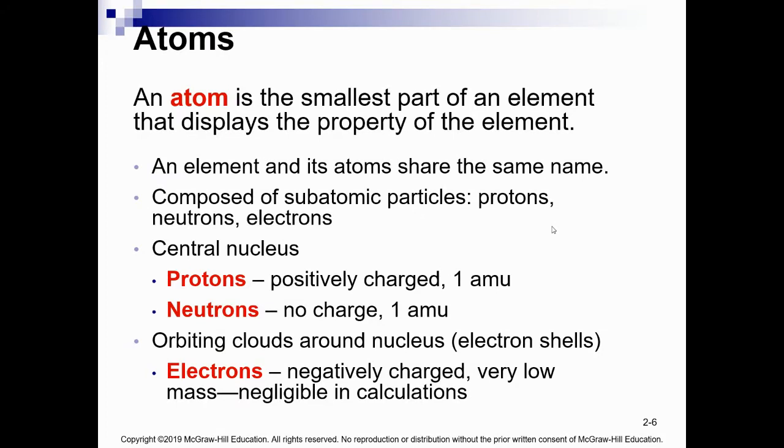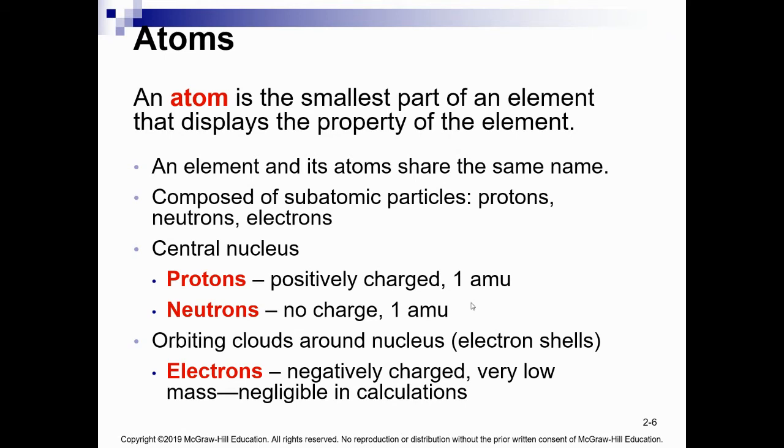These have been assigned a weight, or a mass, of 1 atomic mass unit. So when we talk about atomic mass, we're talking about how many protons and neutrons they have. Circling around that nucleus, but outside of the nucleus, are the electrons, and the electrons have a negative charge.